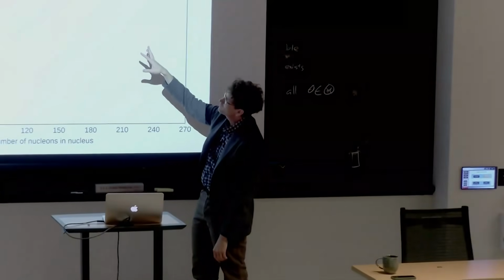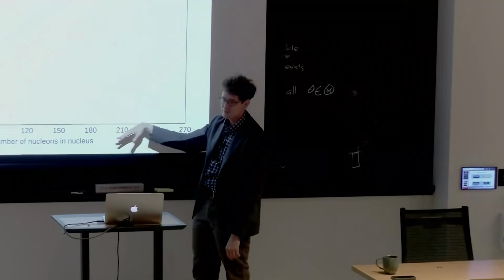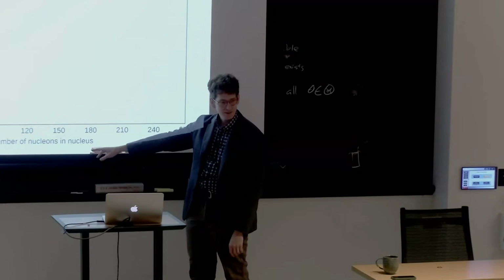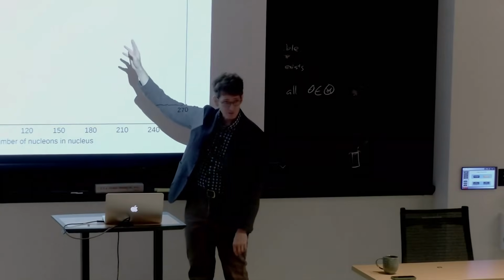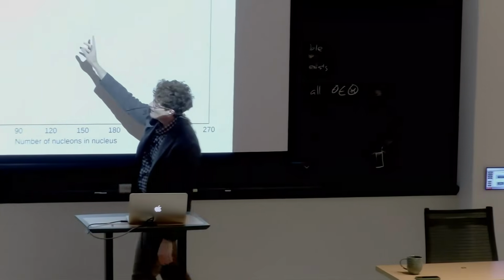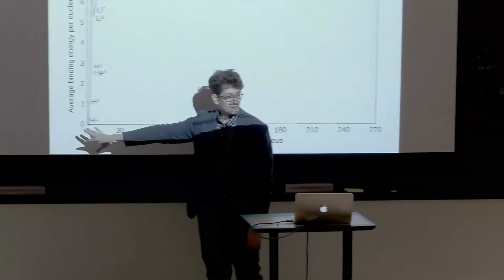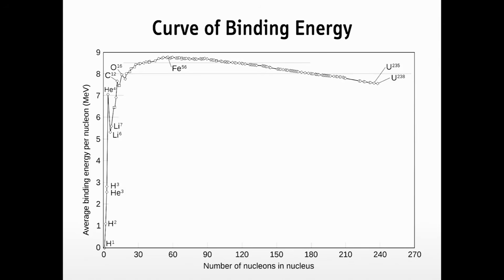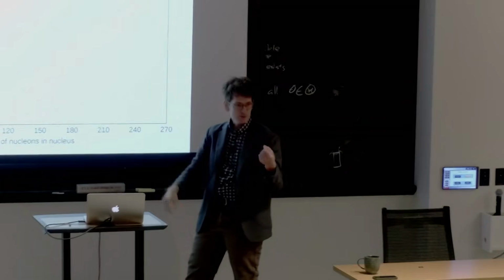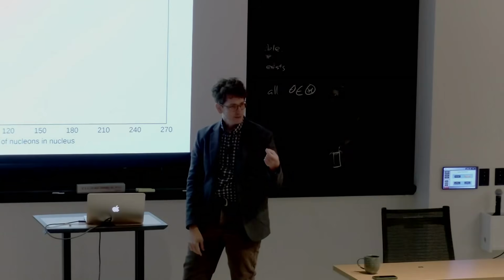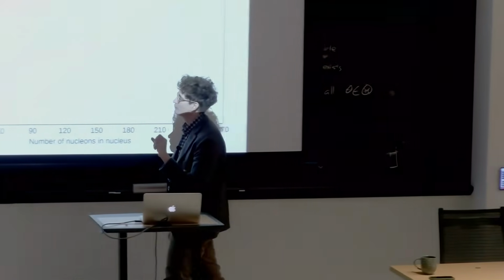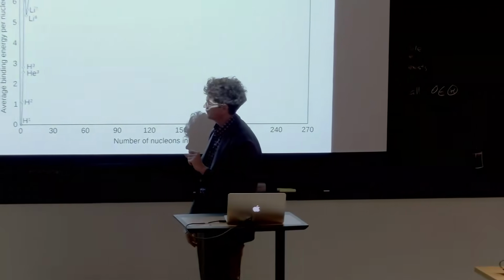It's kind of mixed up because this is not element, this is now number of nucleons, so you have different elements right next to each other. But typically the lighter elements will be over here, and the heavier elements will be over here. And on the y-axis is the binding energy, which is sort of like how deep you are into the well of stability per nucleon. So you divide by the number of nucleons in the atom.